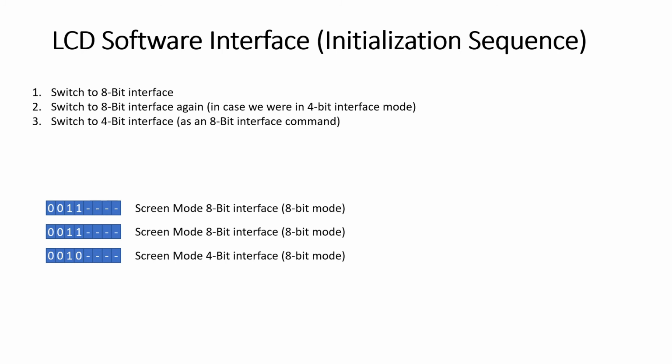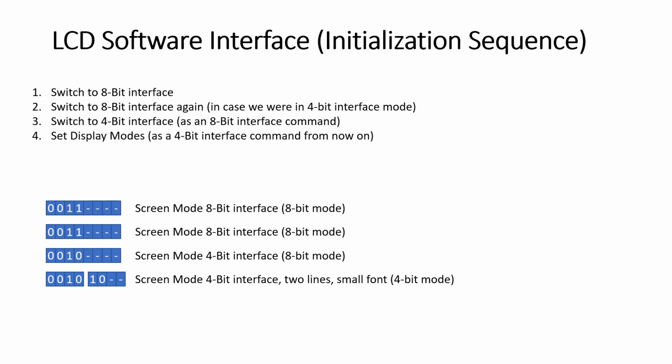Then you should set the display mode. Every other command that is coming now is a 4-bit interface command, so must be sent in half bytes. This is things like putting the interface in 2 lines mode and selecting the small font variation.